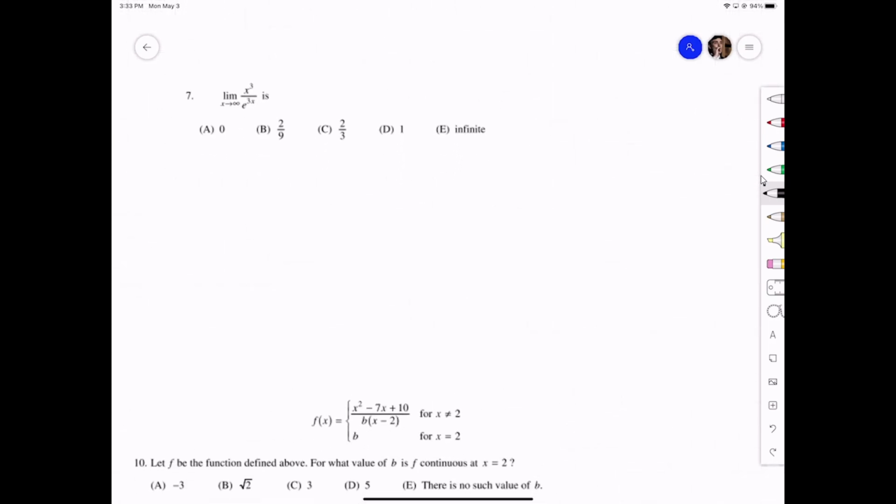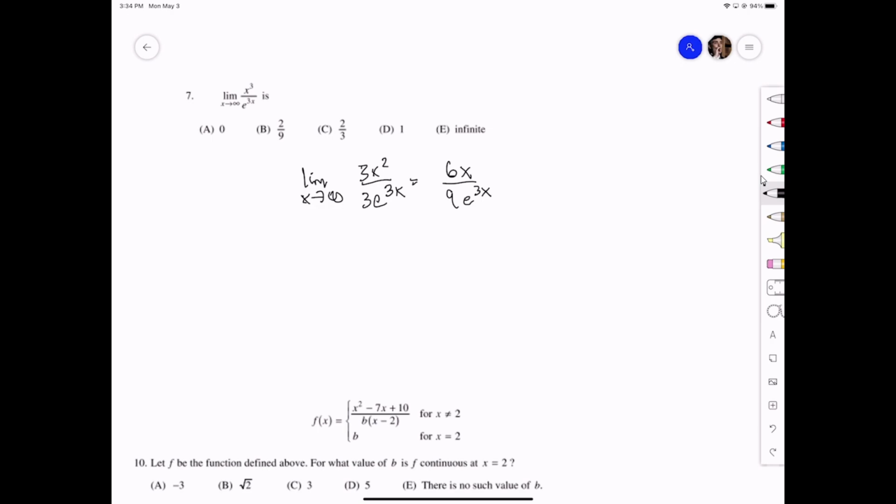The limit as x approaches infinity of x cubed over e to the 3x is, so if you plug in infinity, you'll get infinity over infinity. So you can do L'Hopital's rule. That's equal to 3x squared over 3e to the 3x. Infinity over infinity again, so 6x over 9e to the 3x.